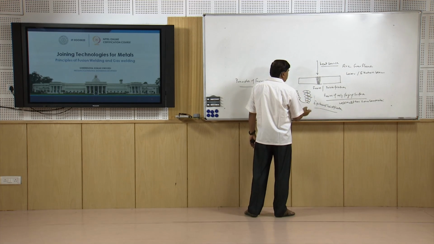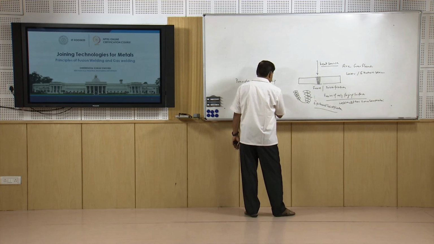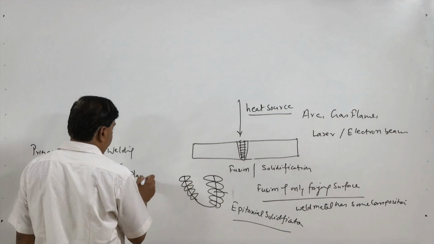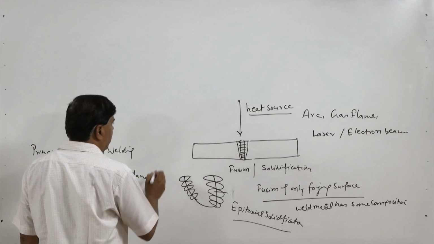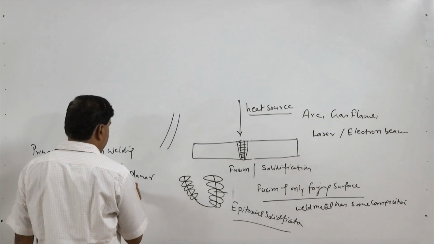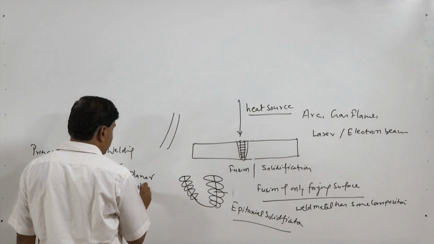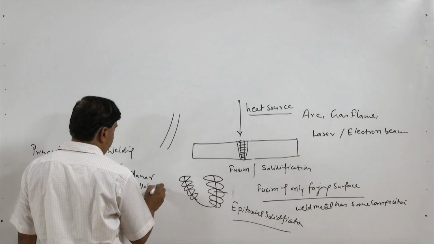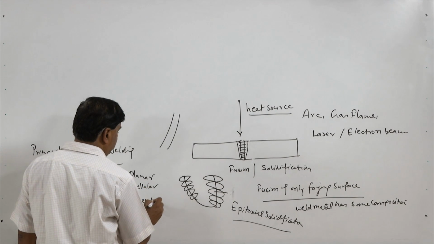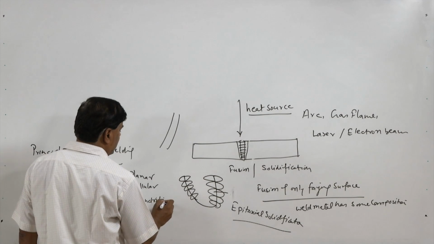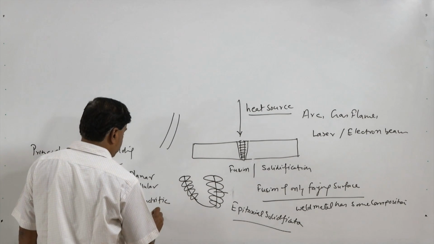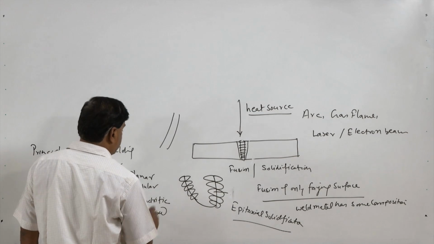Normally, 3 or 4 types of grain structures are observed. One is the planar, which is very plain next to the fusion boundary. Then we normally observe the cellular zone, then dendritic, and then equiaxed structure.